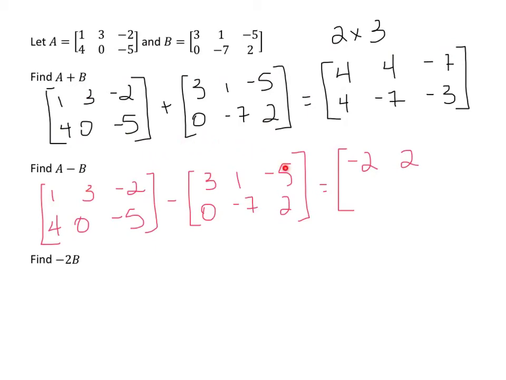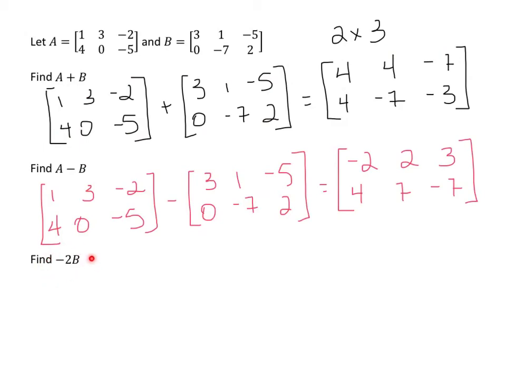Negative 2 minus negative 5, that's the same as plus a positive 5, is 3. 4 minus 0 is 4. 0 minus negative 7 is positive 7. Negative 5 minus 2 is negative 7. So pay attention to when I was subtracting a negative. Remember, minus a negative is the same as plus a positive, and you have to adjust.